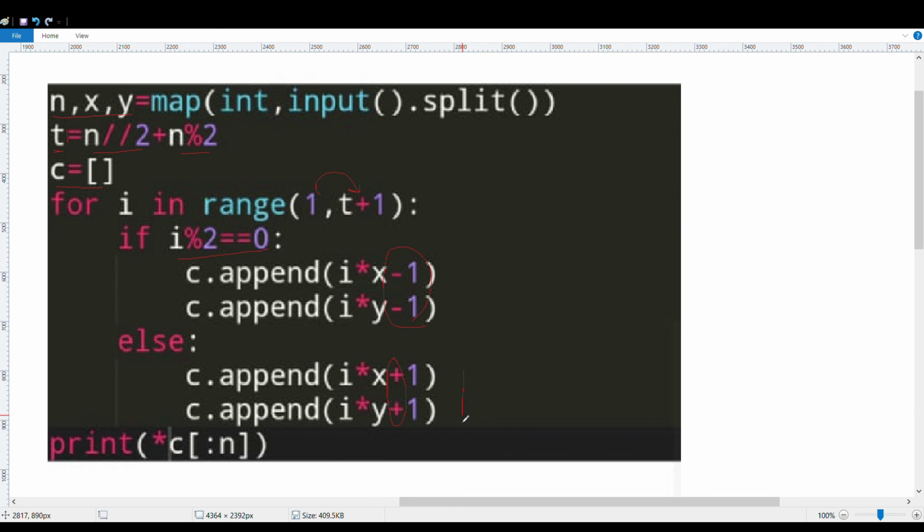The rest of the things are the same as the formula, and in the end you're just printing the array C until the n value.